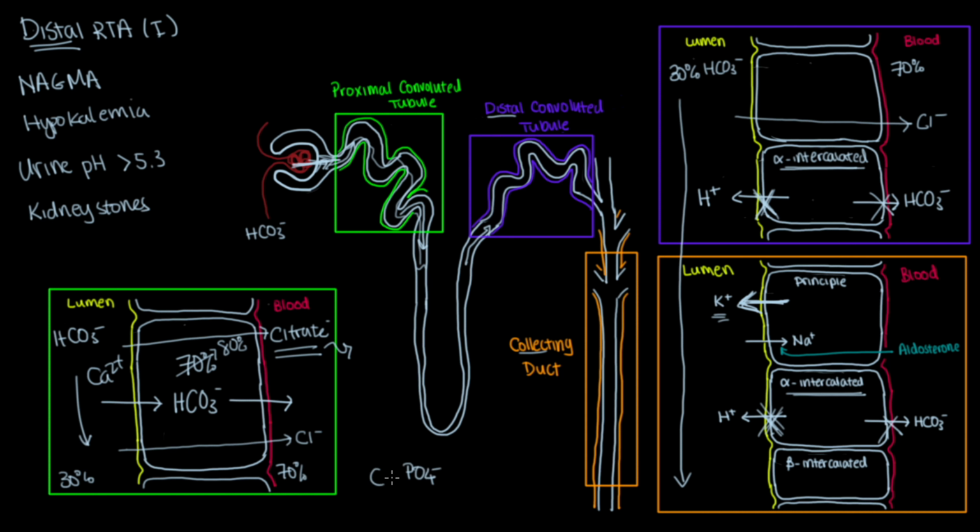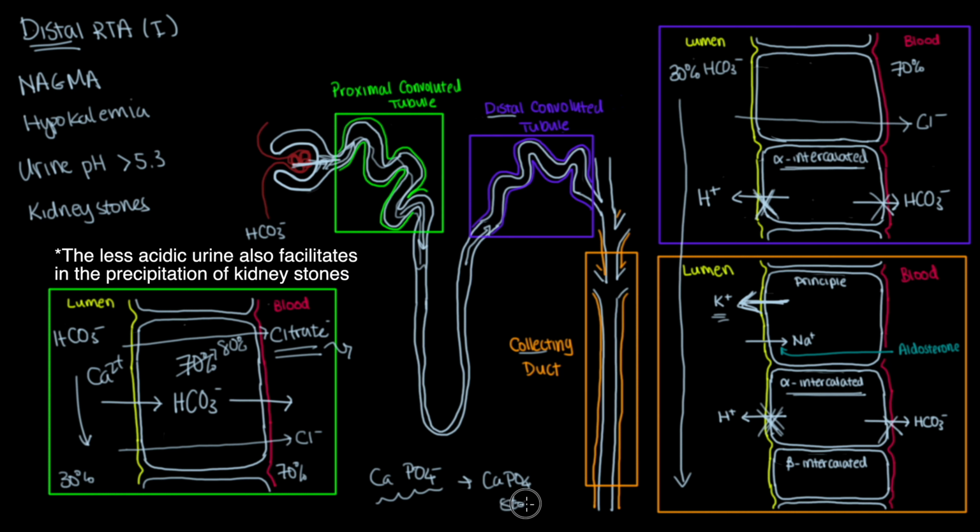And calcium phosphate is much less soluble than calcium citrate, so it is able to precipitate out of solution, causing the accumulation of calcium phosphate stones. And this leads to the production of kidney stones.